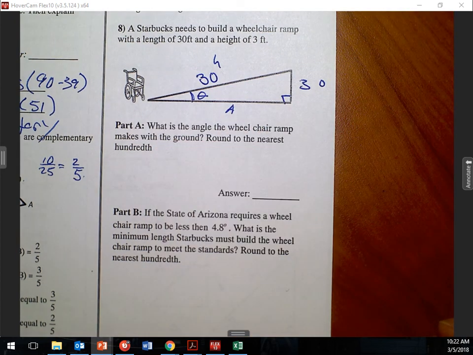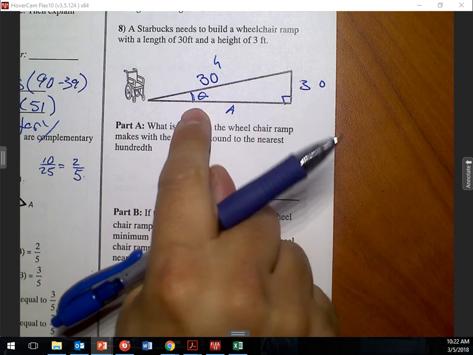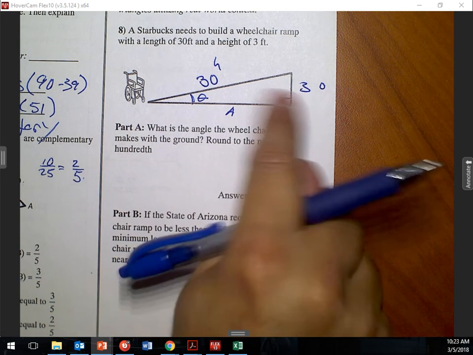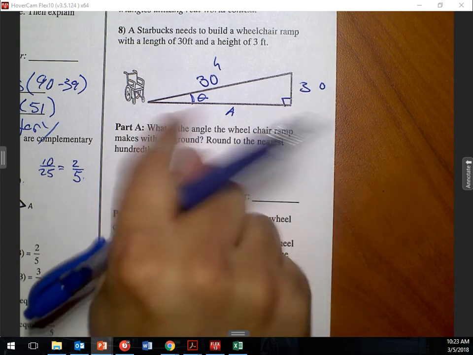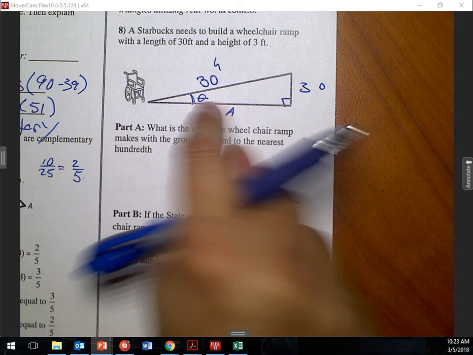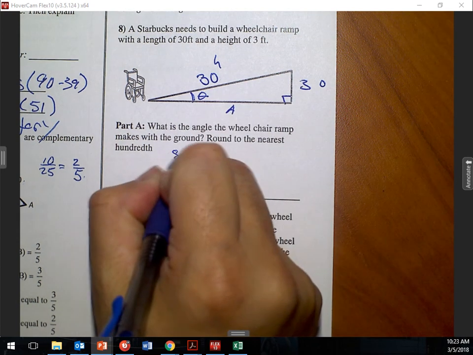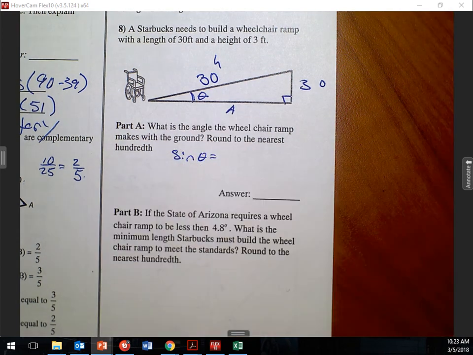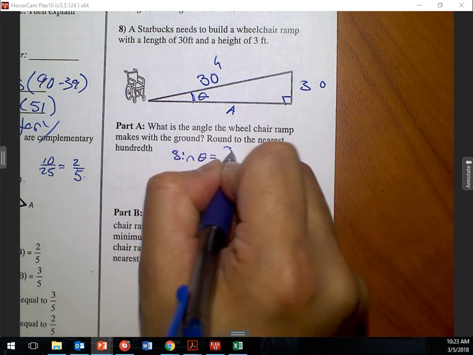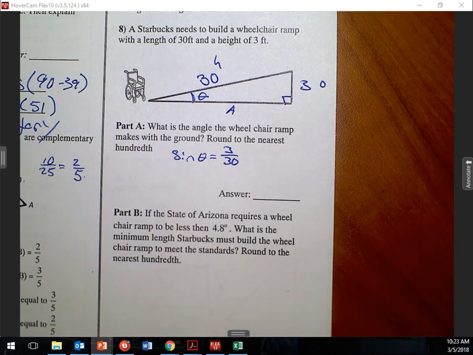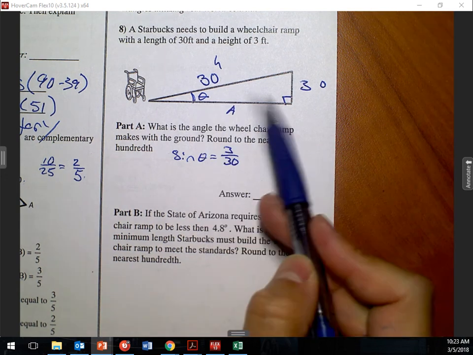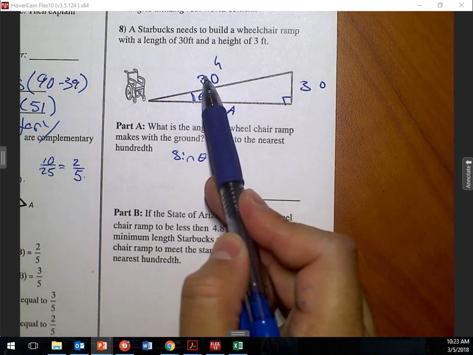What am I working with here? Sine. So it's going to be sine theta is equal to what? 3 over 30. Very good, because sine is always opposite over hypotenuse, right?